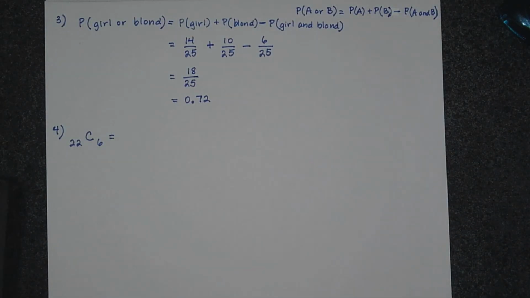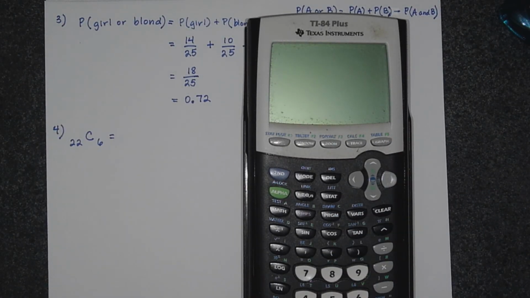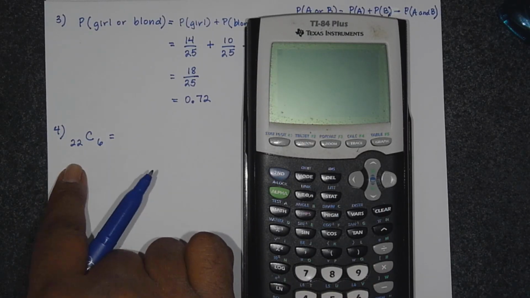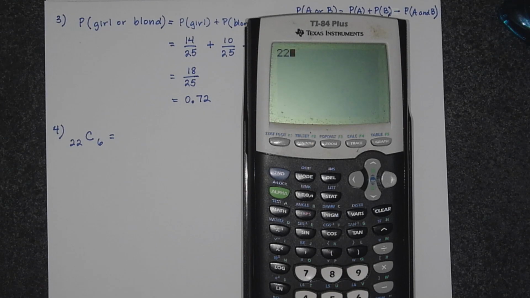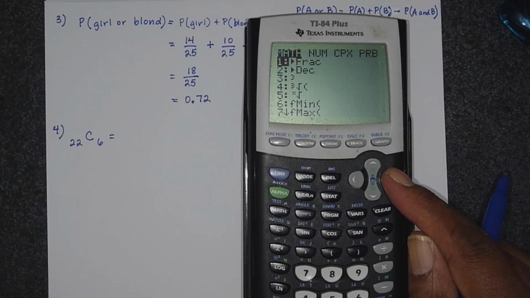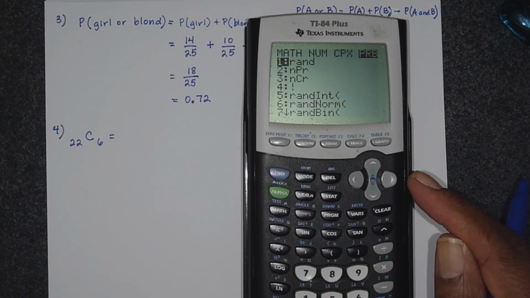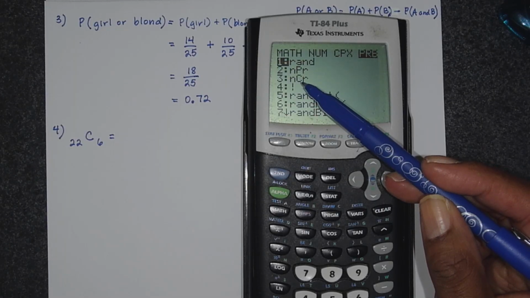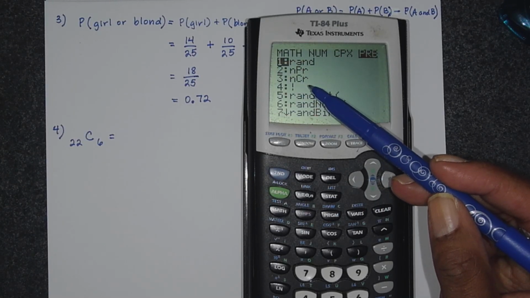Now, the way we enter that in the calculator would be this. Let me see here. First of all, let me clear this out. First of all, we enter the number on the left-hand side, which is your 22. And then we press this math key, go over to PRB for probability using your right arrow key. It's a combinations problem, so that means we have to use menu item number 3, nCr.